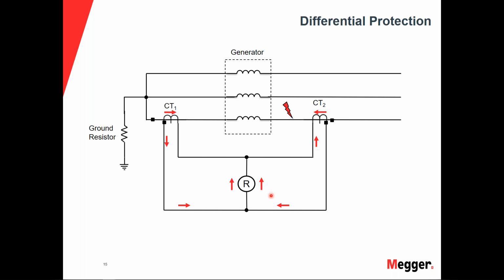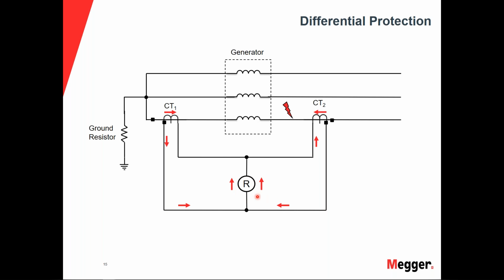Now, this usually happens when this unit is connected to the system. And also, if we just have a fault here and we don't have this unit connected to the system and we open up, then we would also get a difference from one side generating current and the other side not seeing this current here.